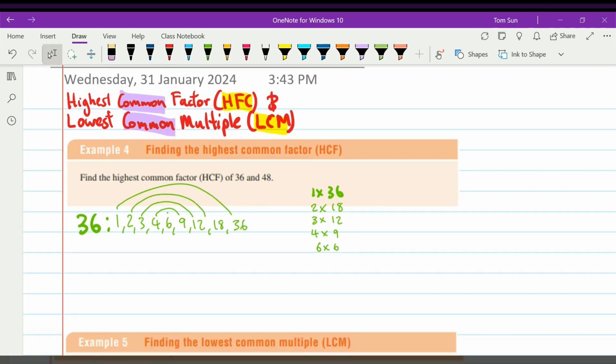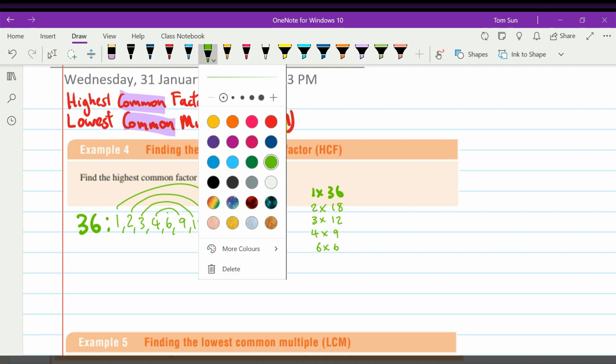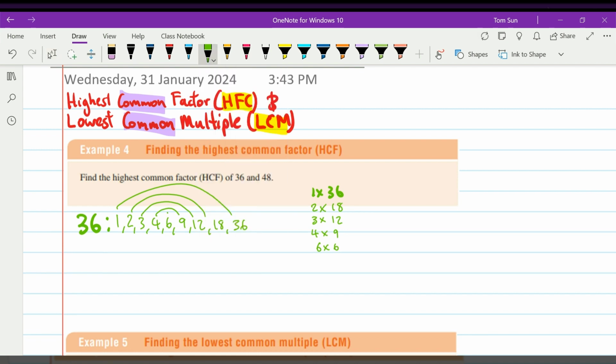So that's 36, and then we can work on 48, because it says find the highest common factor of 36 and 48, so we need to find the factors of 48 as well. We can do that by once again finding the numbers that multiply to get to 48. So 1 times 48, 2 times 24, 3 times 16, 4 times 12, 6 times 8, and I believe that's it.